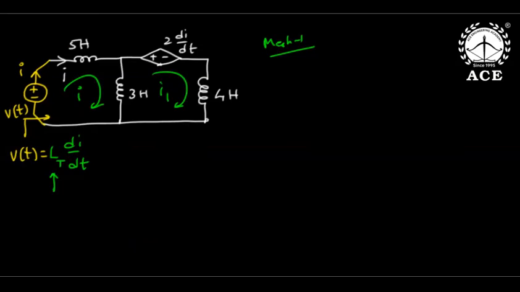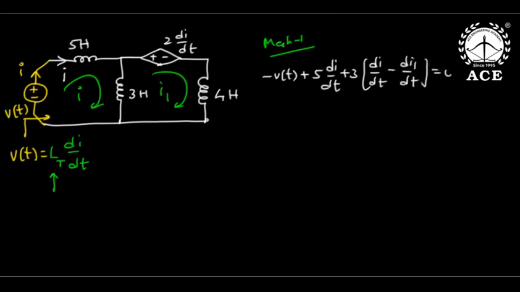Now if you look at the mesh one equation, minus V of t plus 5 di by dt plus 3 into di by dt minus di1 by dt equal to 0. This is the first equation.